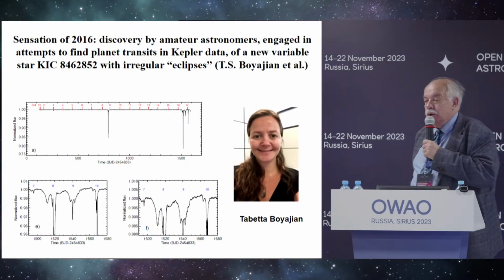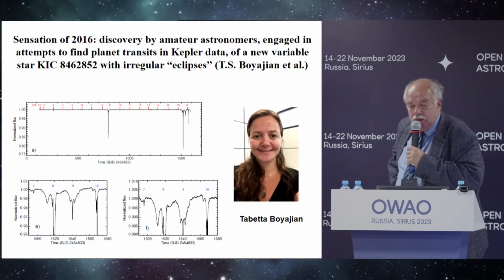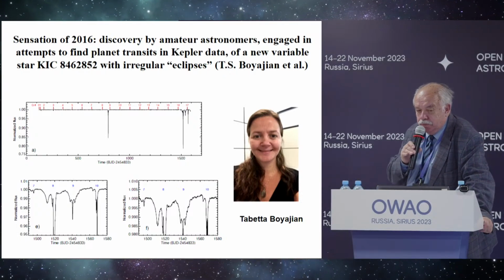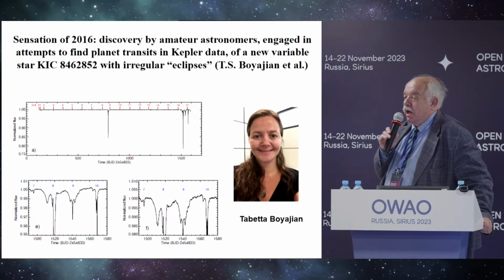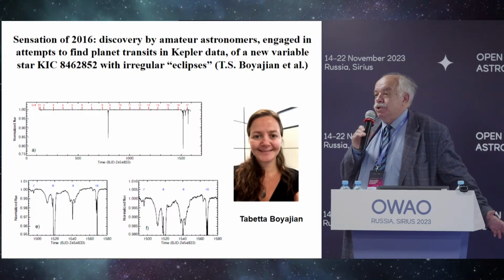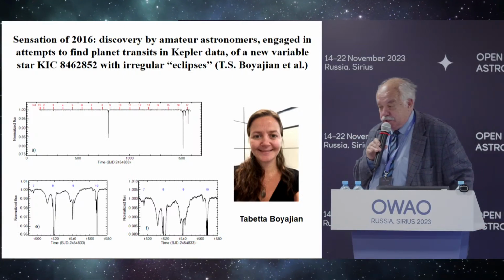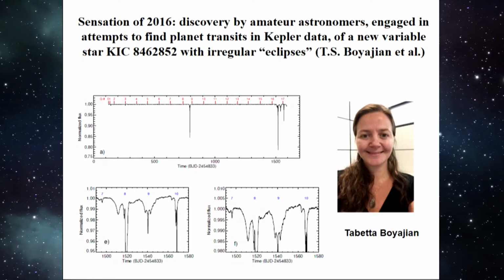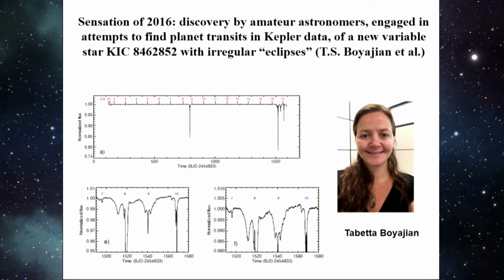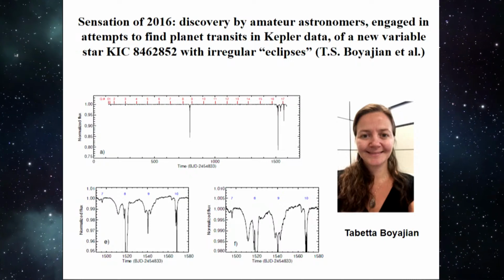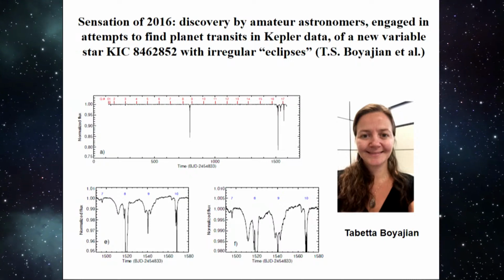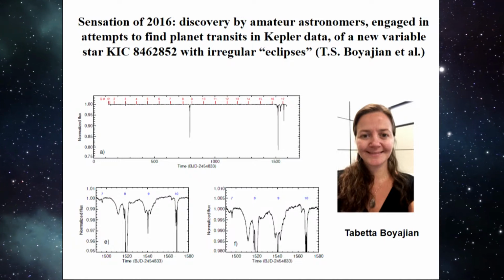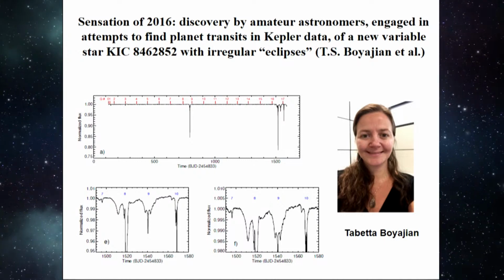And in 2016, in Kepler data, a group of amateur astronomers made an astonishing discovery. You see, Kepler had crowds of data, and they outsourced these data to amateur astronomers. Amateur astronomers wishing to analyze Kepler data would get this data and try to find something interesting.